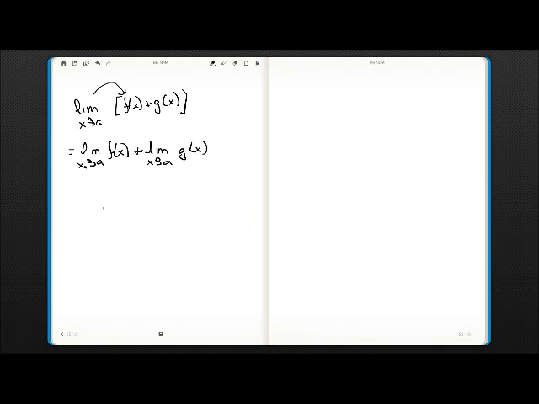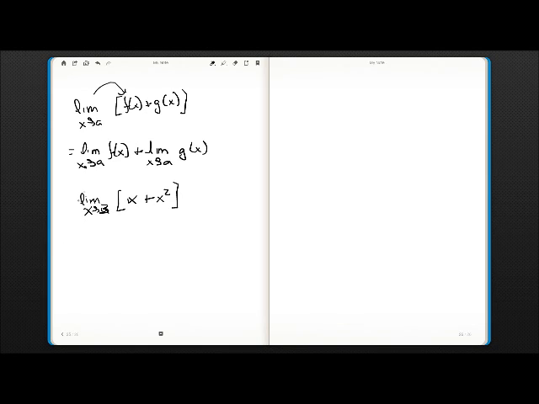So let's go with the usual example. Say we have the limit as x approaches 3 of x plus x squared.